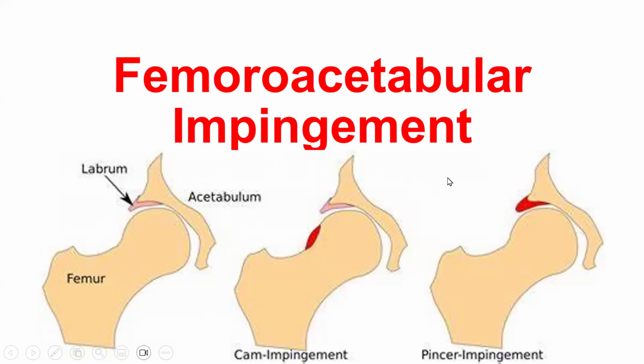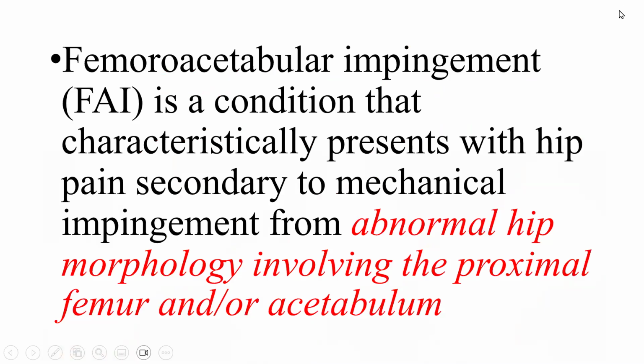Okay, so we'll start with femoral acetabular impingement. Femoral acetabular impingement is a condition that characteristically presents with hip pain, secondary to mechanical impingement from abnormal hip morphology involving the proximal femur and the acetabulum.